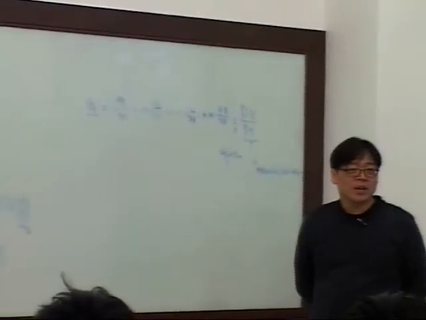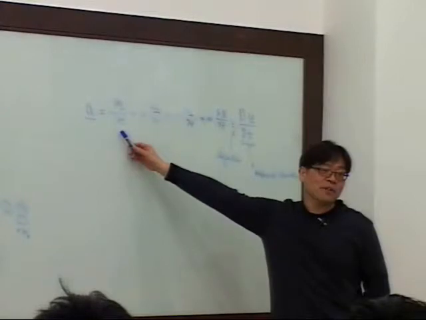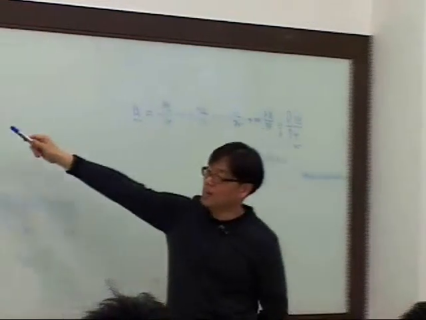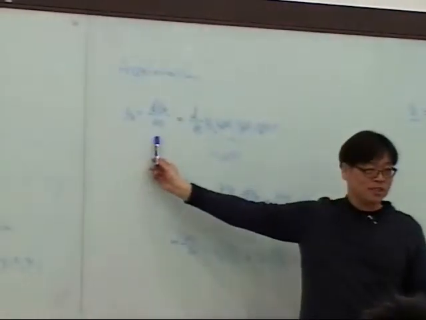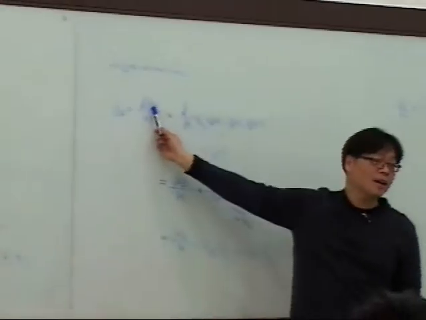So one thing that I want to point out is the acceleration is not just the partial time derivative of velocity, the Eulerian velocity. If it is the Lagrangian velocity, then of course you just take the time derivative because this only depends on time.